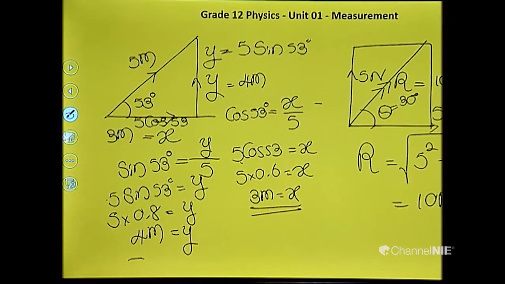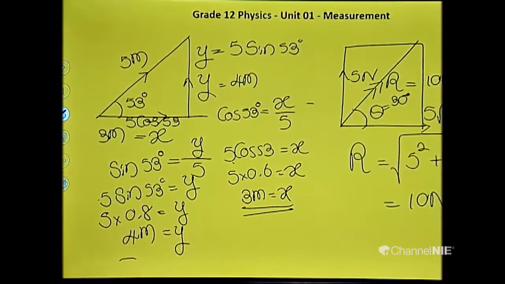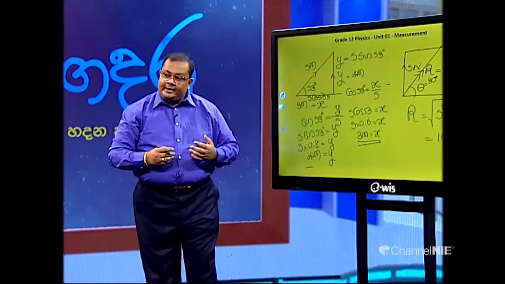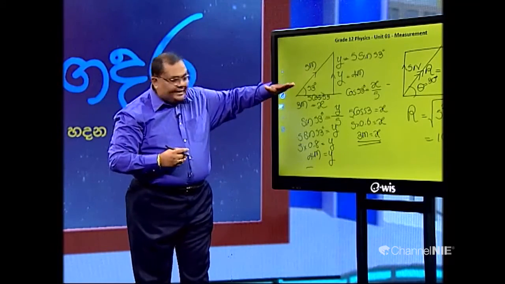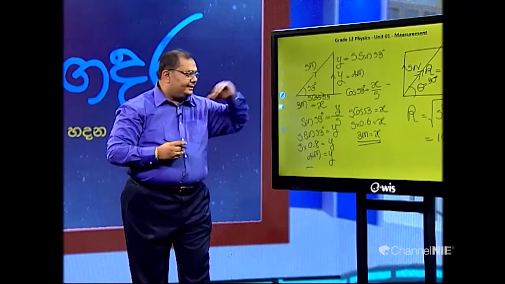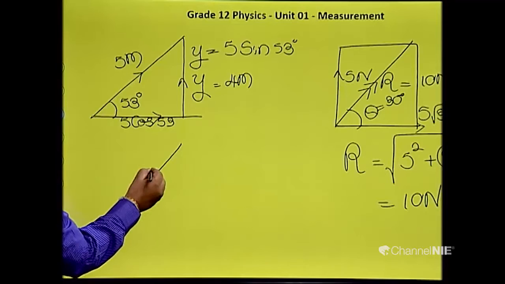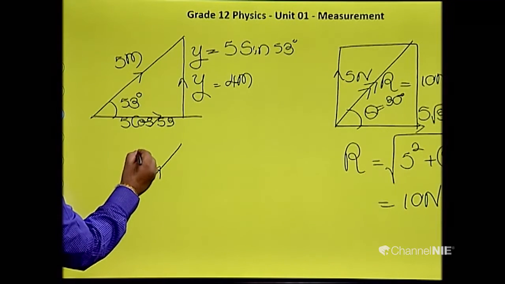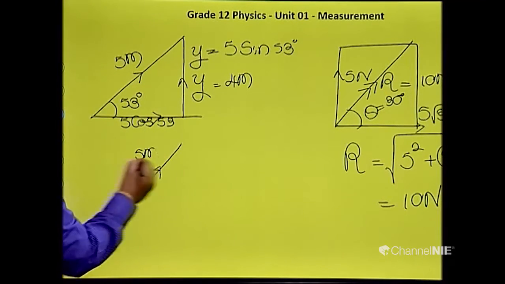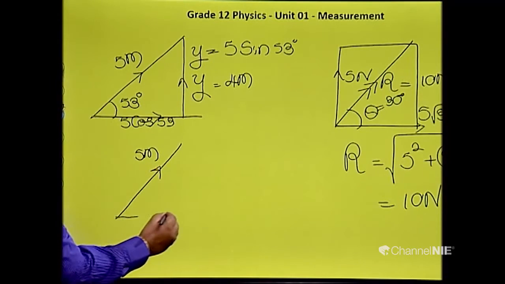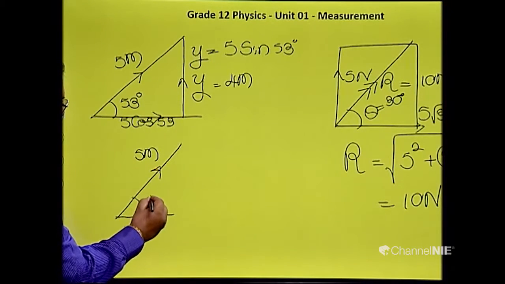Now I am going to take another two perpendicular vectors. In the direction of the angle, cos, another one sine. 5 meters here, and this angle we are given is 53.